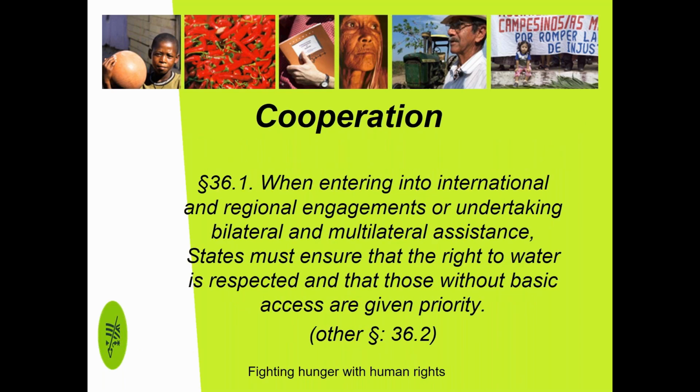And then you have cooperation. This says, for instance, that when entering into international and regional engagements or bilateral agreements, or undertaking bilateral and multilateral assistance, states must ensure that the right to water is respected, and that those with basic access are given priority.